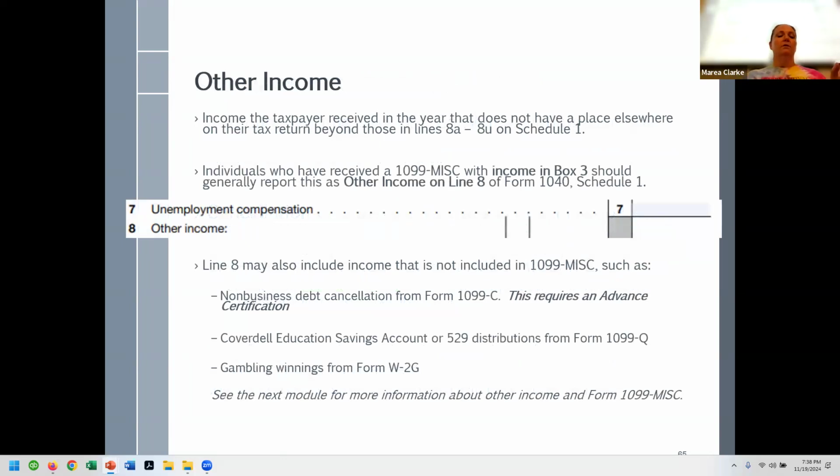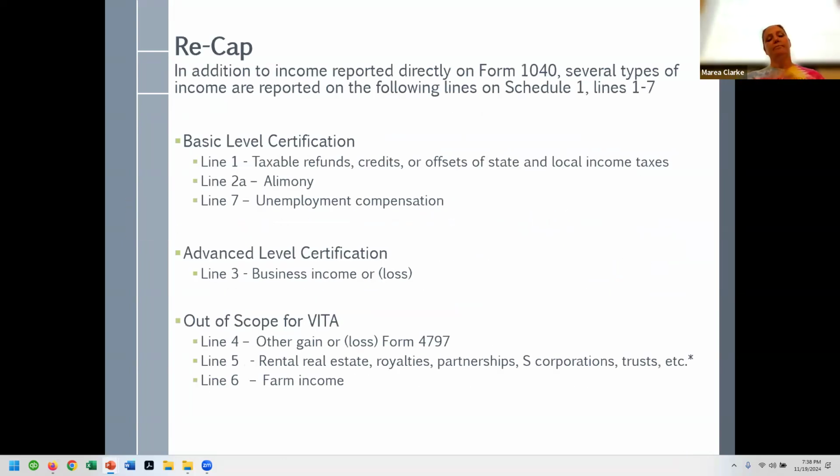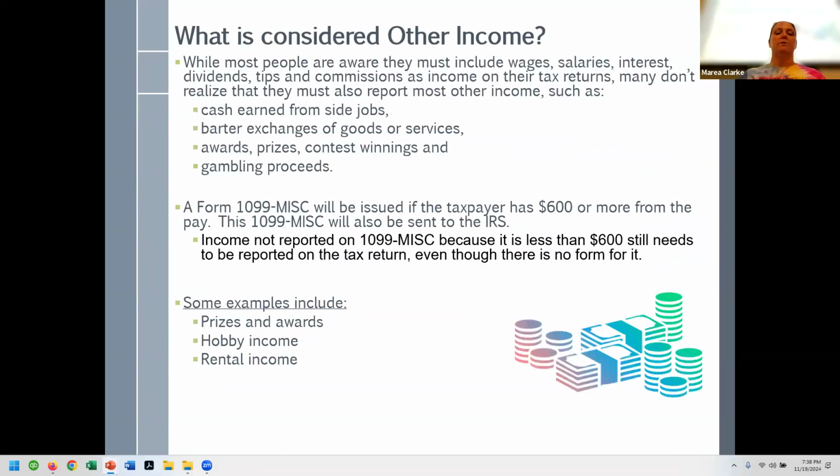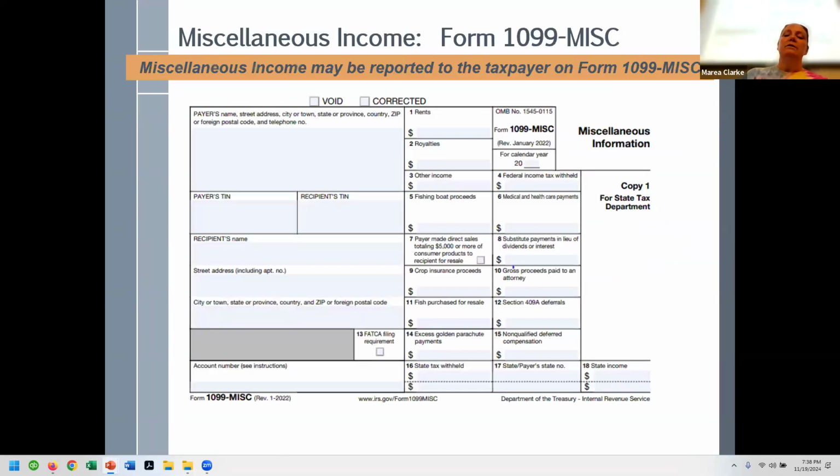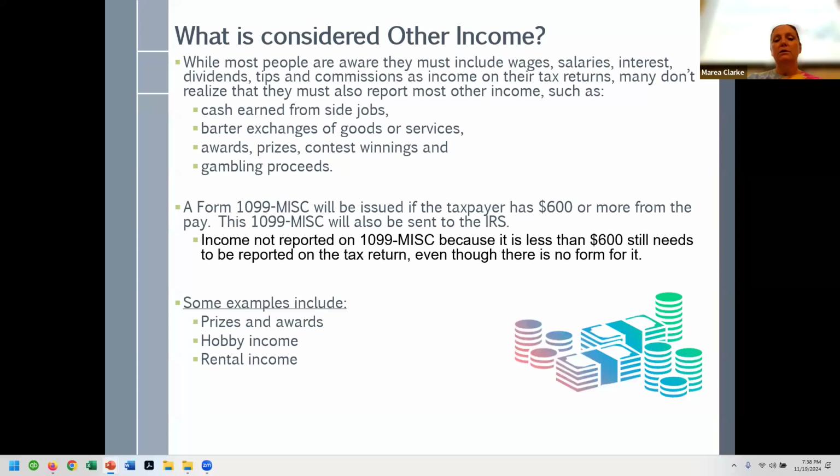All right. More other income. Basically, lots and lots of income types. We do occasionally see a Form 1099-MISC, so I will mention that here. Usually that's going to be for somebody that wins a prize or an award, right?